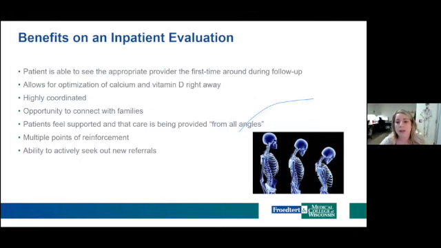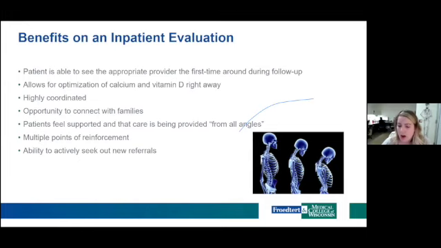So by doing this, where we have an inpatient component that meets the patient immediately after fracture, what have we learned from this, and what have we found the benefits to be? One of the biggest things is that, as a patient satisfier, we're able to get the patient to see the appropriate provider the first time around during follow-up, versus having them follow up in the bone health clinic and have it be something that we're really not going to manage within the FLS, and it's something we have to refer out to.